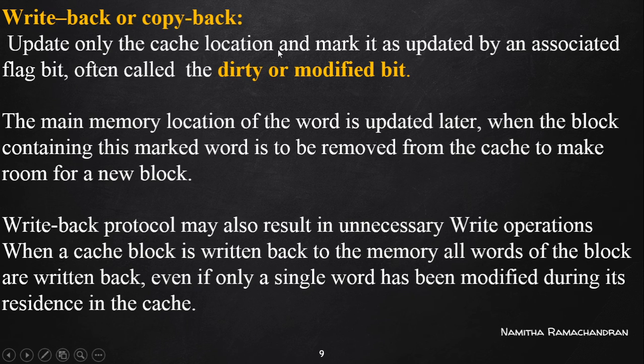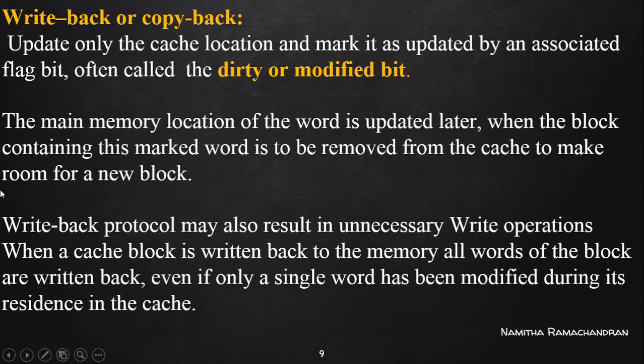Here it simply updates the cache copy, and associated with that memory word there is a flag bit, associated with each cache memory word. So while updating the cache copy, this flag bit gets updated in order to indicate that that particular cache copy is updated by the processor.